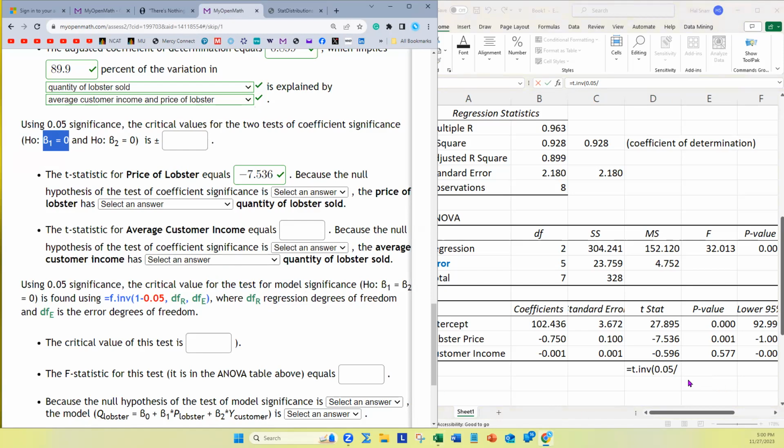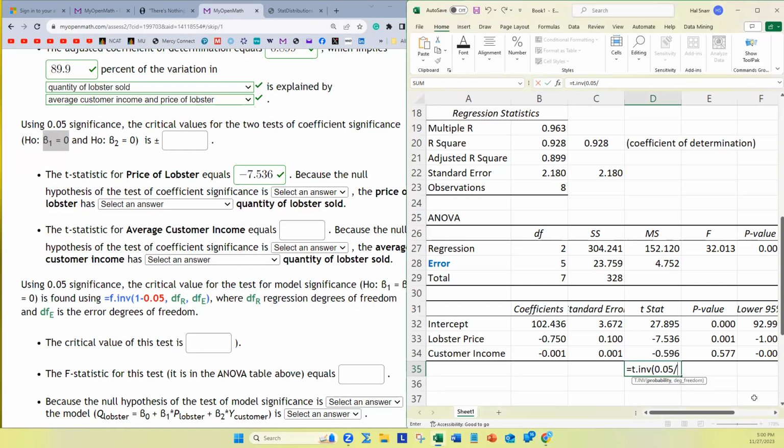So this is a two-tailed test. When I have a two-tailed test, I have to divide my significance level by 2. Then I have to do the degrees of freedom. The degrees of freedom again are 5. The error degrees of freedom are the degrees of freedom of this test statistic. Use 3 decimal places.